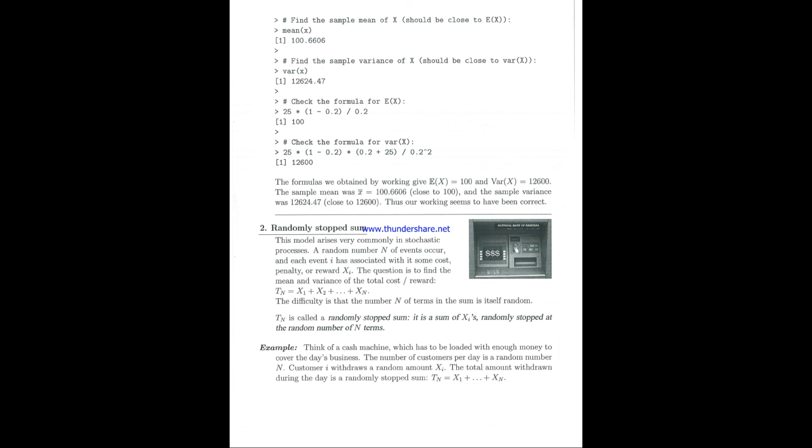So both are random variables, the number of customers and the amount that they withdraw. Now you have new machines where you can deposit as well, but for this particular case, let's concern ourselves about machines where you can only withdraw money.